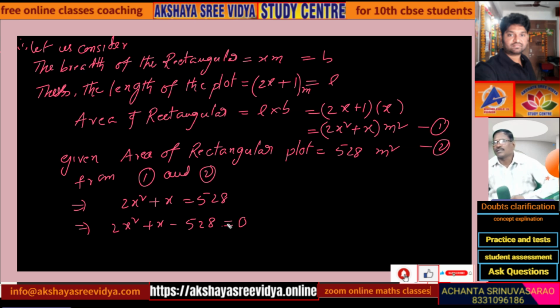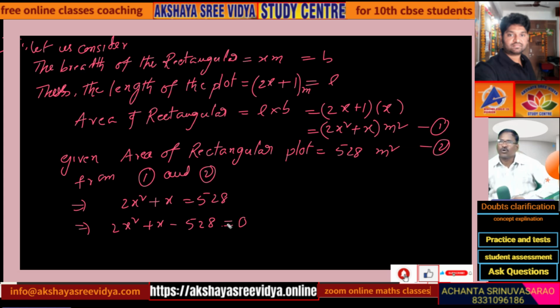But given hypothesis, the area of the rectangular plot is 528 meters square. Both are equal from equation 1 and 2: 2x square plus x is equal to 528. Therefore, 2x square plus x minus 528 is equal to 0.